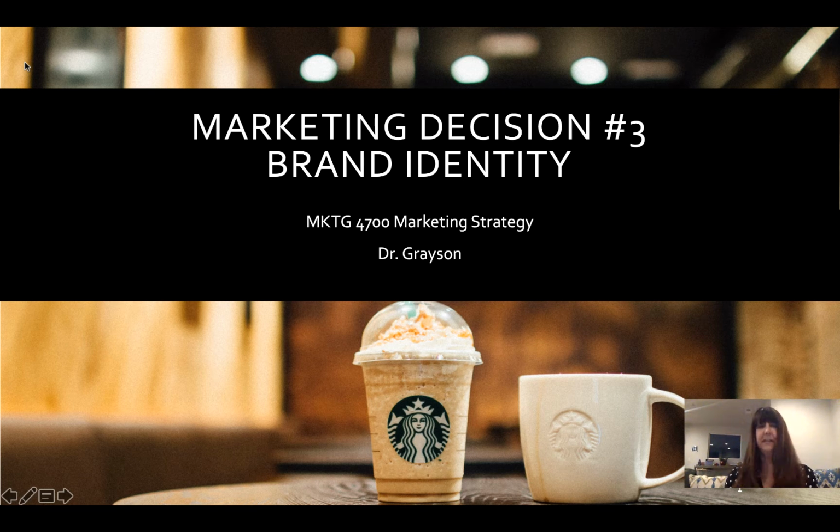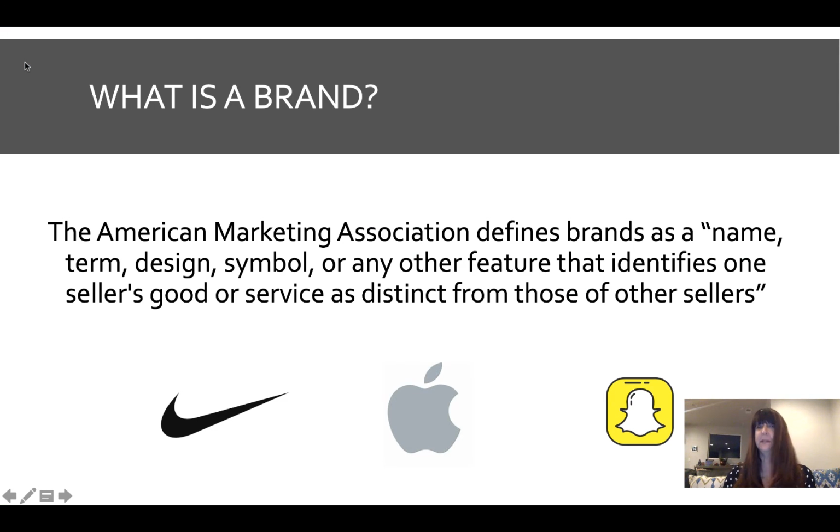So this short video is to introduce you to the third assignment that we have, your marketing strategy decision number 3, which is all around brand identity. And if you recall from the lecture that I had in the last video, a brand is defined as a name or a term or a symbol or some sort of feature that the seller uses to get you as a consumer to identify them and differentiate them from their competitors.